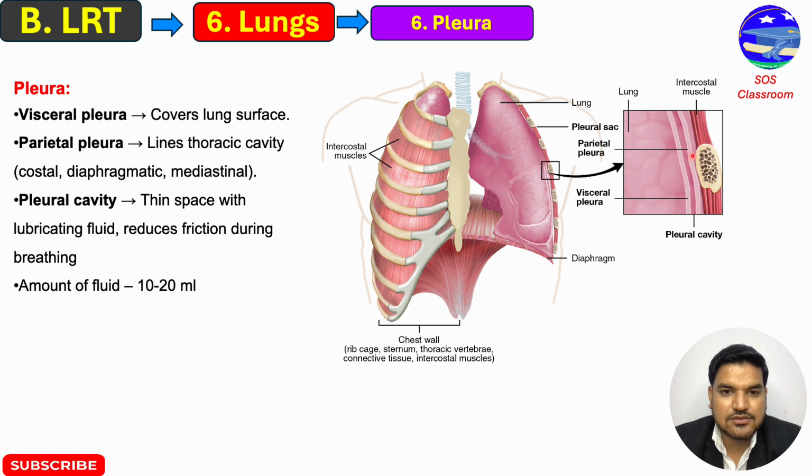You can see the outer layer directly attached to the chest wall, and the inner, the visceral pleura, directly attached to the lungs. And between them, there is a space.